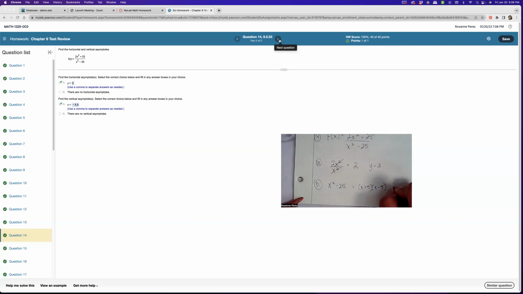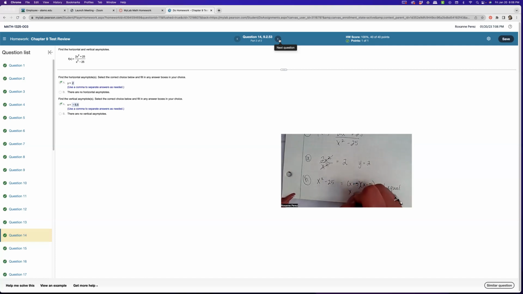We're going to set those equal to 0 and solve, which will give us solutions of x equals positive 5 and x equals negative 5.